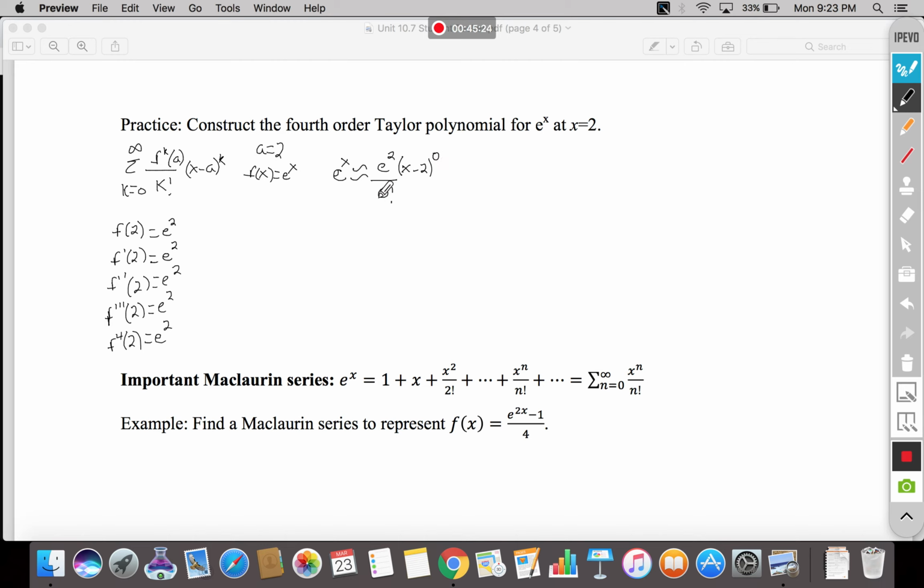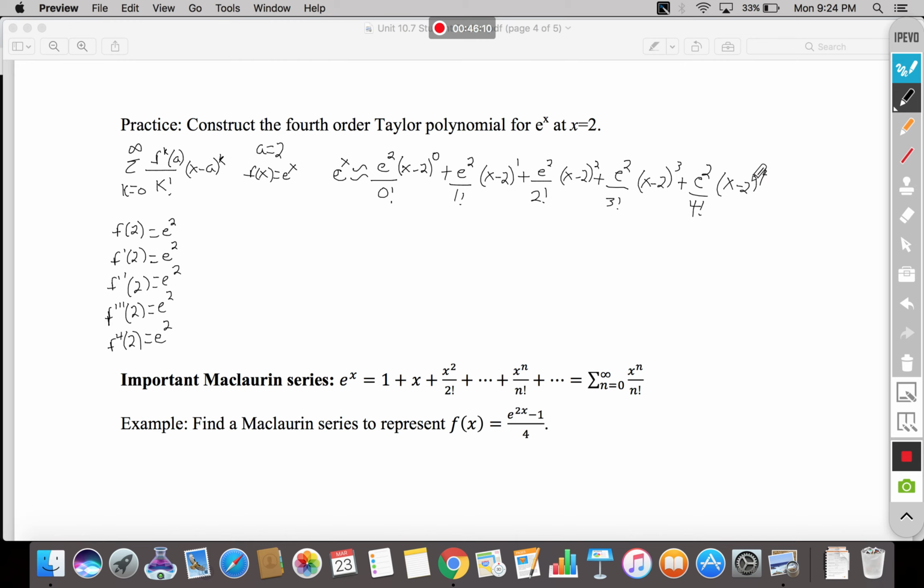We'll simplify that in a second. There's my 0th term, plus my next one would be e squared, that's the first derivative there, over 1 factorial times x minus 2 to the 1, plus e squared over 2 factorial times x minus 2 squared, plus the third derivative divided by 3 factorial, x minus 2 cubed, plus the fourth derivative over 4 factorial, x minus 2 to the fourth.